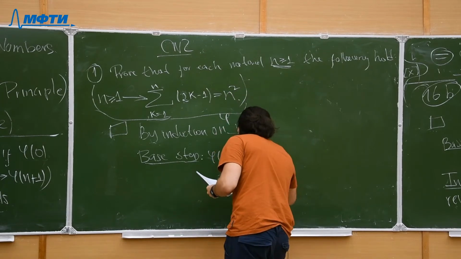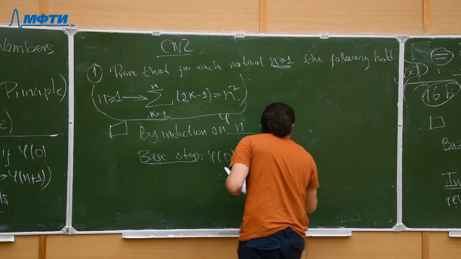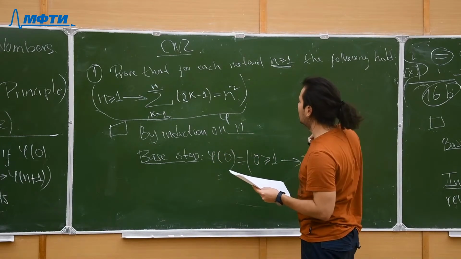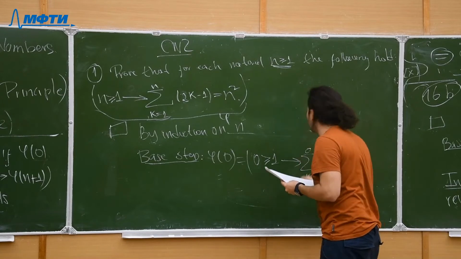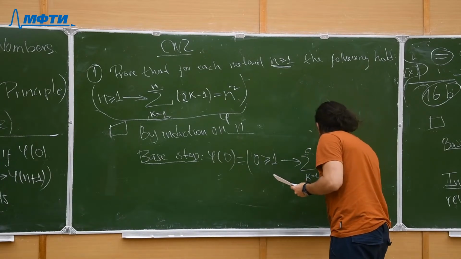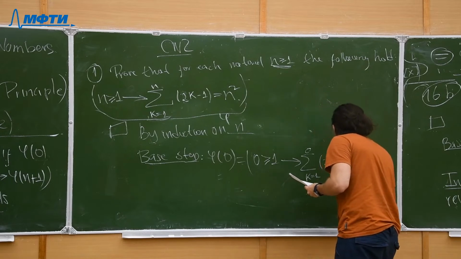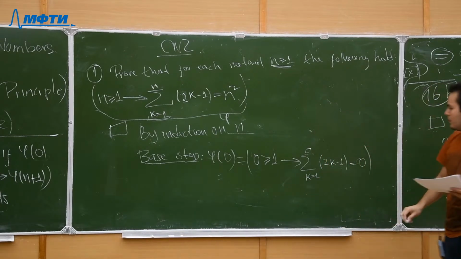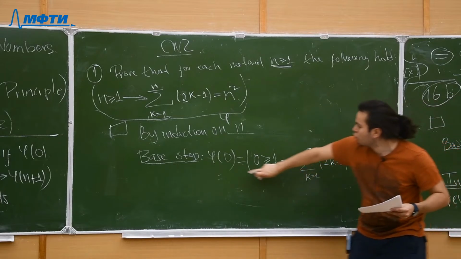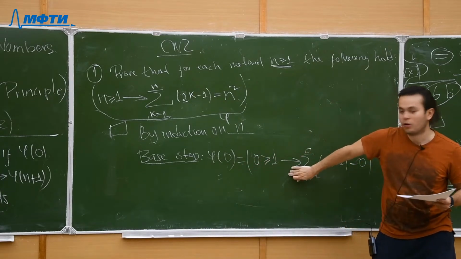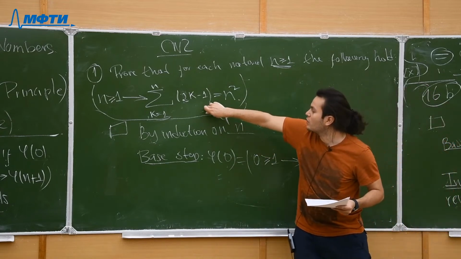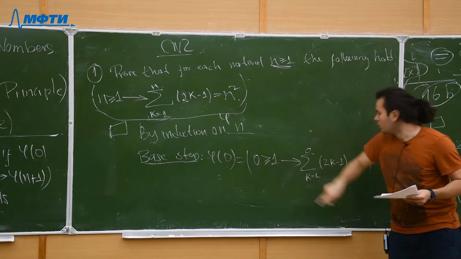So the sum from k=1 to 0 of 2k minus 1 is equal to 0. I need to check that this holds for n equal to 0. So what can I say from here?